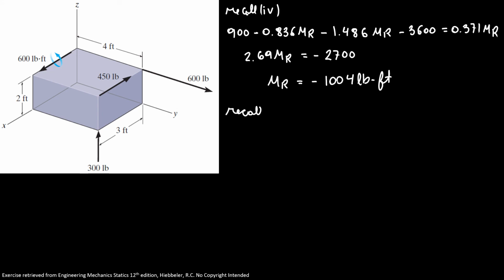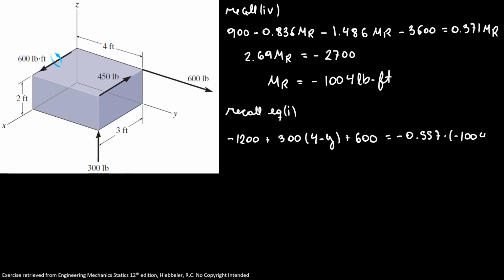Recall equation 1: minus 1200 plus 300 times (4 minus y) plus 600 equals minus 0.557 times minus 1004.